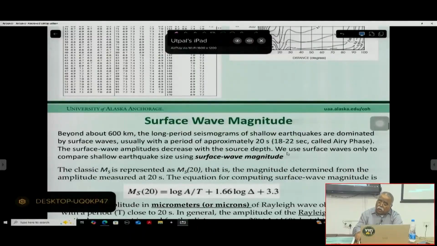So that's the way of calculating mB, and in your tutorial section we will be analyzing some of the magnitude calculations based on this formula, and you will see how they differ. Although it is the same earthquake, the different formulas can produce different numbers for the mB or mS, whatever this is.